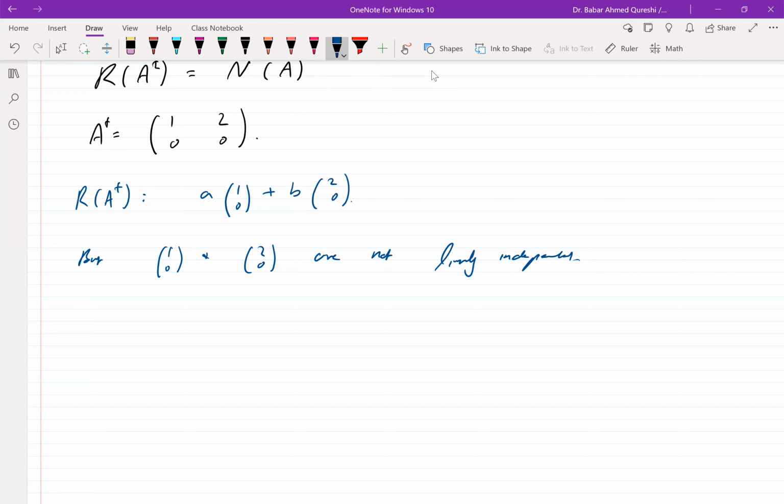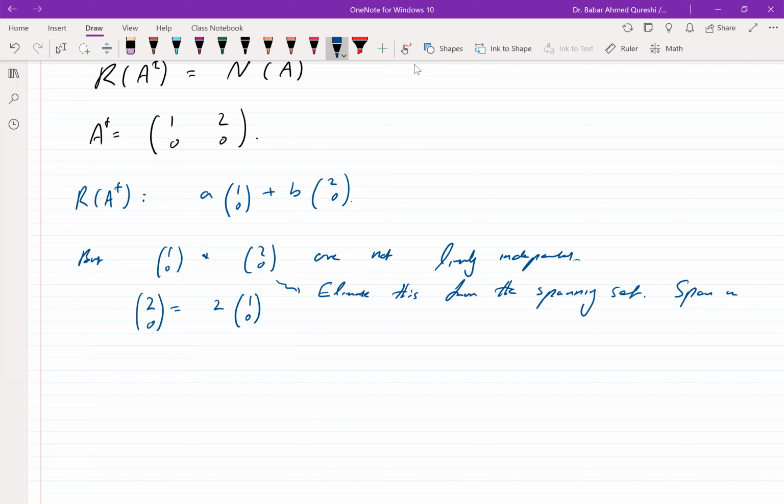So 2 0 is equal to 2 times 1 0. So I can eliminate this from the spanning set, and the span will not change. I will still get the same space.